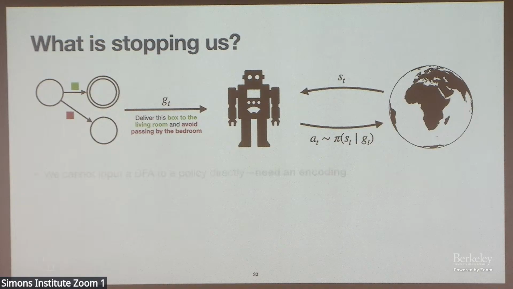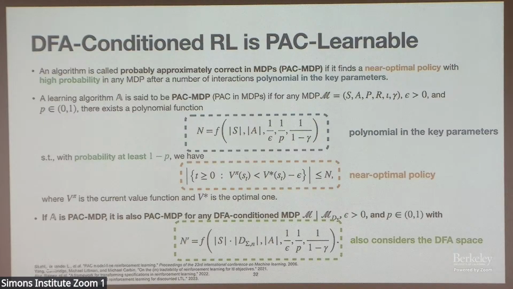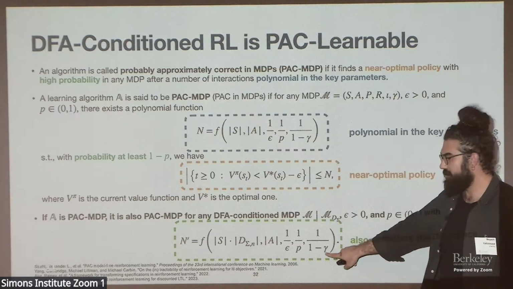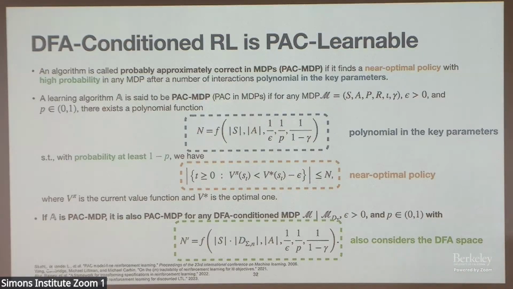What is stopping us? Yep. Need a discount factor here, right? In order for this to be PAC learnable? Yeah, I didn't write that. You need a discount factor here in order to be PAC learnable. Yeah, gamma is the discount factor. But actually, since these are only safety and co-safety DFAs, they only accept finite traces.